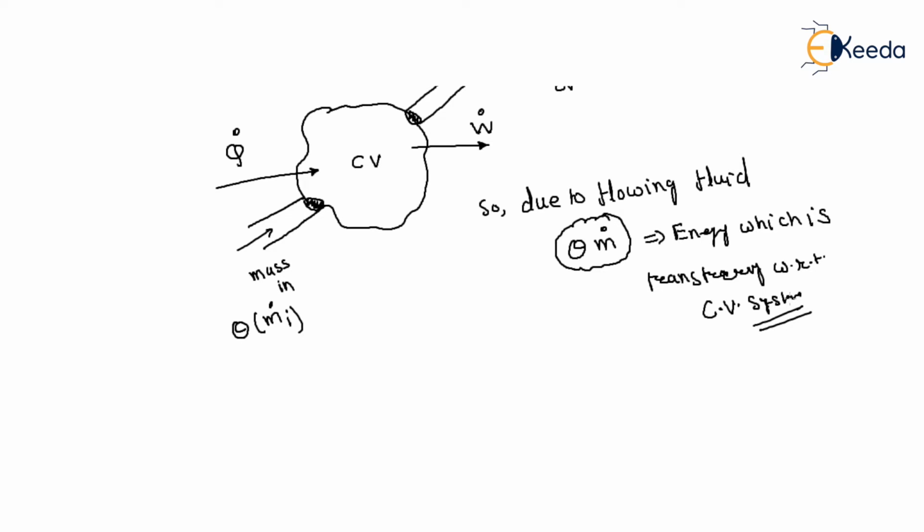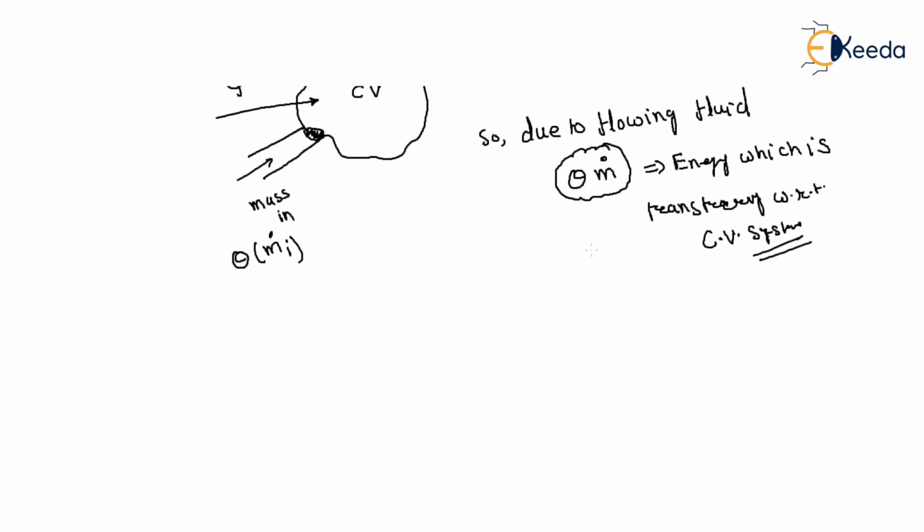So if there is any control volume, this much energy goes either in or out of the control volume. So for that, what is the energy now?